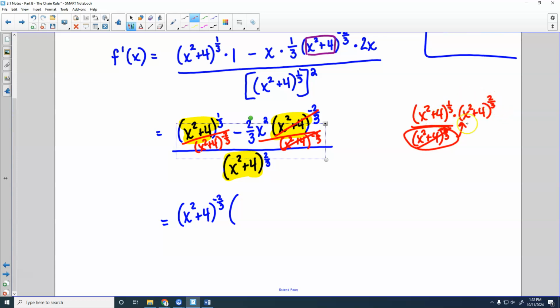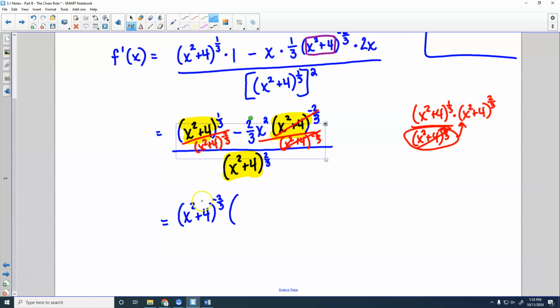How can we just move it up there? It had a negative exponent. Okay. Yeah. So since it had a negative exponent, we can just move it up there to the top. Or another way you can think of it is you are subtracting these exponents whenever you're factoring that out. So 1/3 minus negative 2/3 is really 1/3 plus 2/3, which also gives you 1.